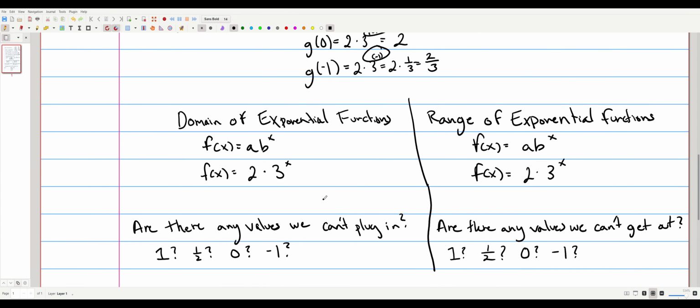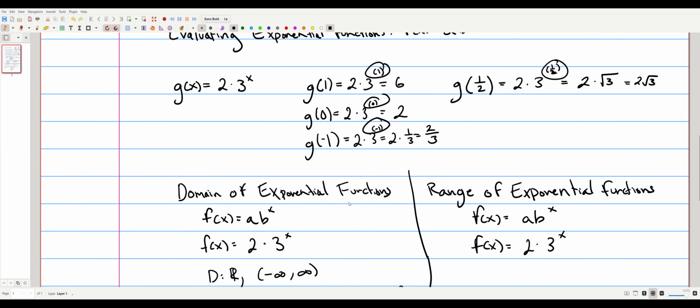So for the domain of exponential functions, the domain is going to be all real numbers, or written in interval notation, negative infinity to positive infinity. Because no matter what type of number you plug in, you're not going to end up with an indeterminate value, right? You're not dividing by 0. You're not taking the square root of a negative number. Any number you plug in is going to be valid.